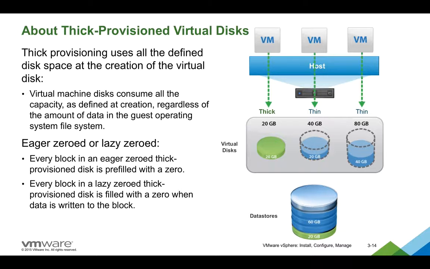Again, with both the eager zeroed and lazy zeroed types, the space is set aside. But with a lazy zeroed disk, each block on the disk is only filled with a 0 at the time the data is written to the block. A downside of this is that some I/O latency can occur due to the 0 write activity on the busy disk, meaning that as the disk is being written to, part of that function is the overhead for writing the zeros to the block to hold that aside.